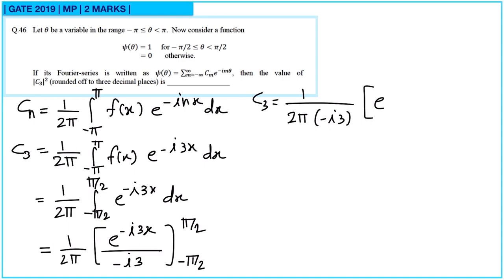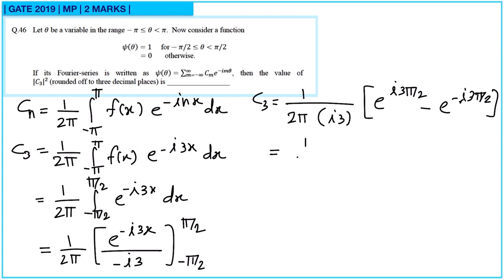here we have a minus sign, so we can change this sign. So limits will be exchanged. So this will be e raised to i 3 pi by 2 minus e raised to minus i 3 pi by 2.